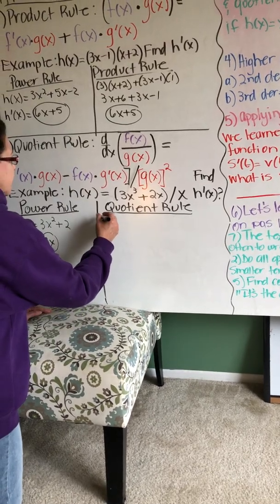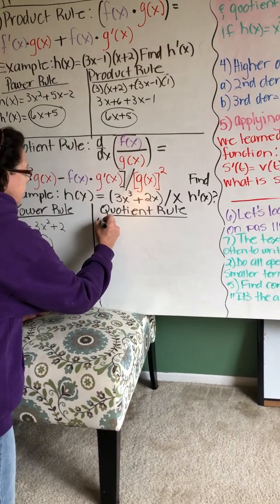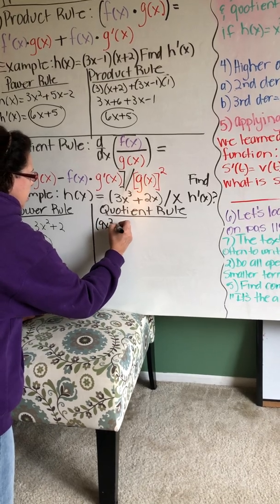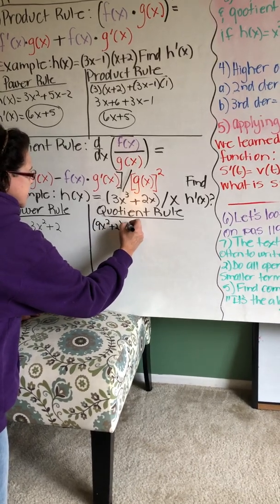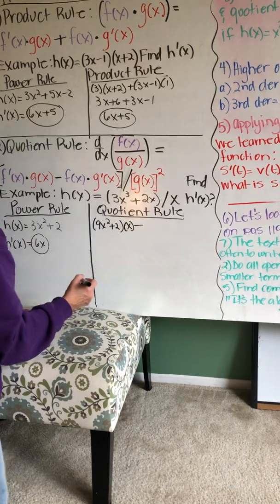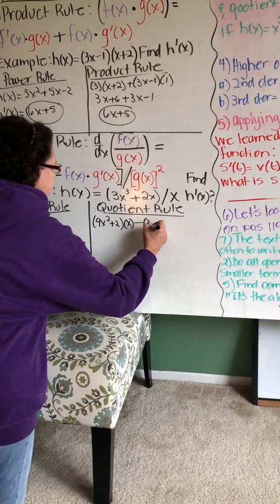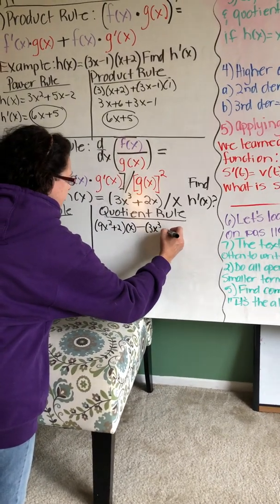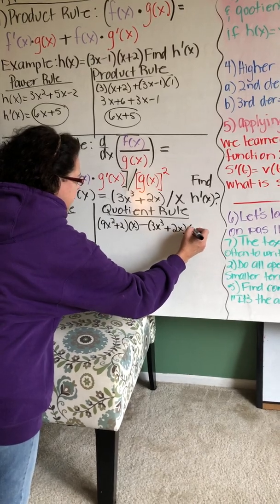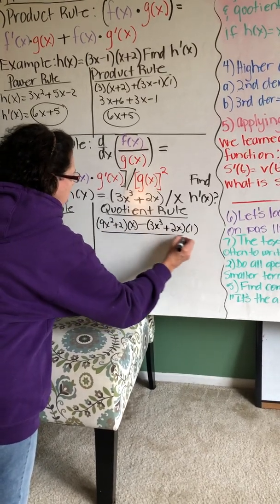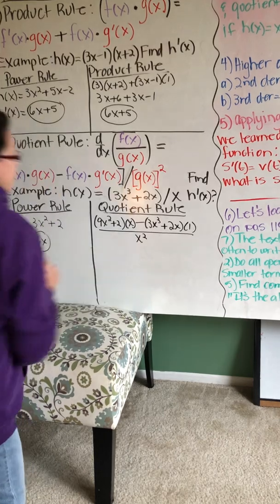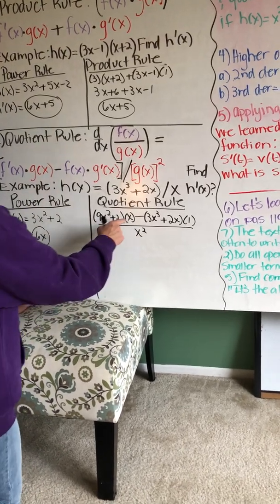The derivative of the numerator times the denominator minus, I'm going to keep my numerator and multiply it by the derivative of the denominator all over the denominator squared. Let's do some distributing.